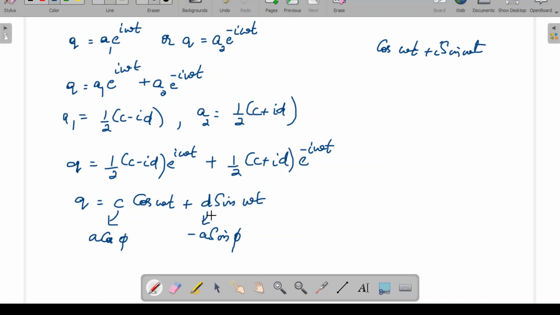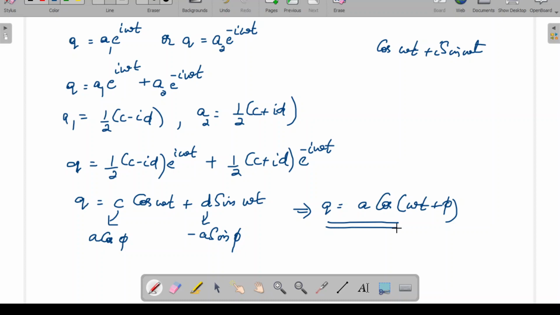Then this expression will turn out to be q equal to that. If I take A outside, it is cos omega t cos phi minus sin omega t sin phi, and this becomes A into cos of omega t plus phi.